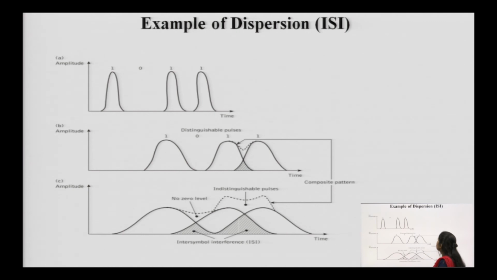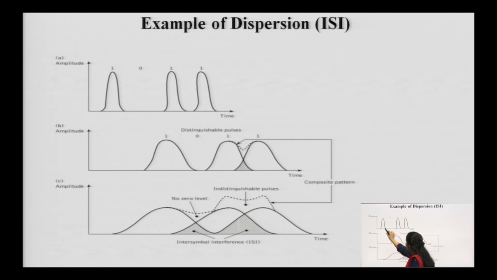Now, here is an example of dispersion or ISI. This is the amplitude. The bits are 1 0 1 1, so we can easily say the signal is 1 here, then it is 0 in this particular case, then 1 and 1. We have plotted the graph of amplitude versus time. If it starts moving, what is going to happen at the next instant of time?